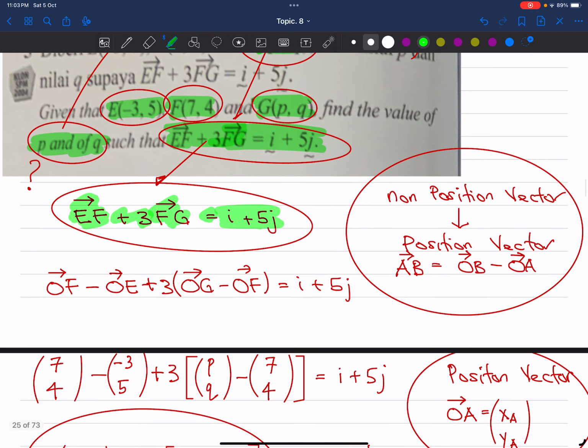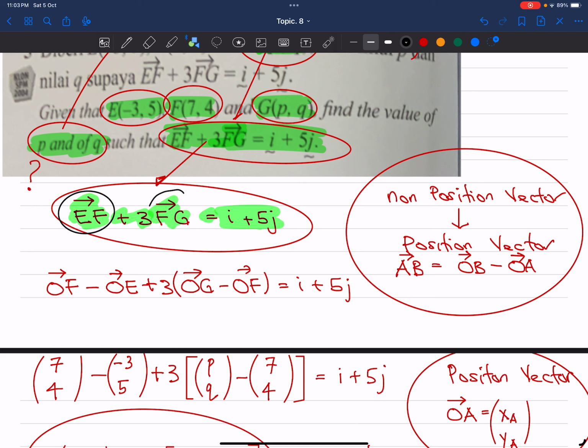Now the first thing that you notice is that vectors EF and FG do not start from the origin. This is E, this is F. So both vectors EF and FG are non-position vectors.